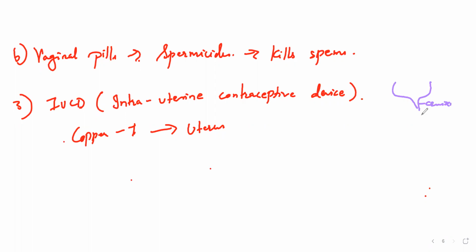This particular device is placed over here. When it is placed, it will act as a barrier. Whatever sperms are there cannot swim inside the uterus to fertilize the egg, so fertilization is prevented. But here also side effects are there, or it may also cause irritation to the female.